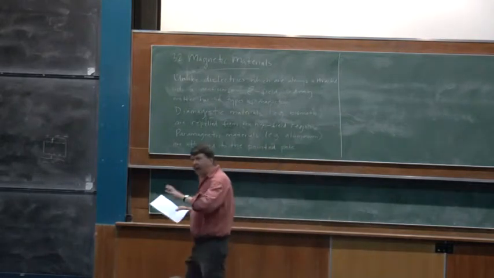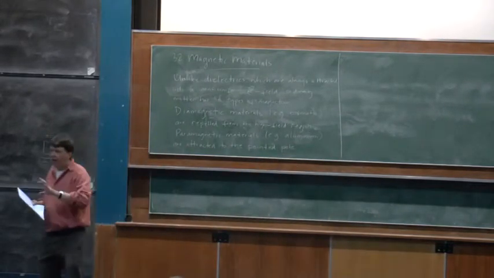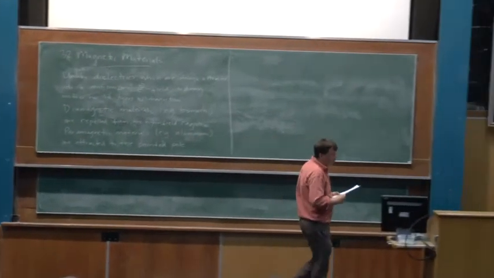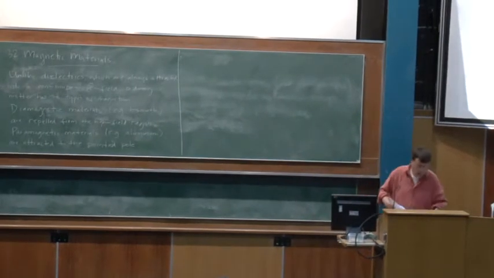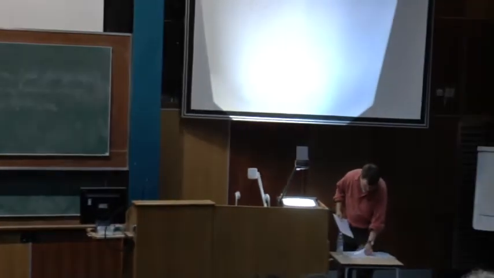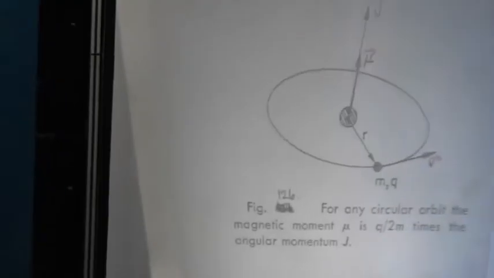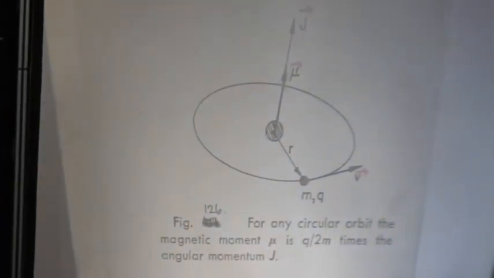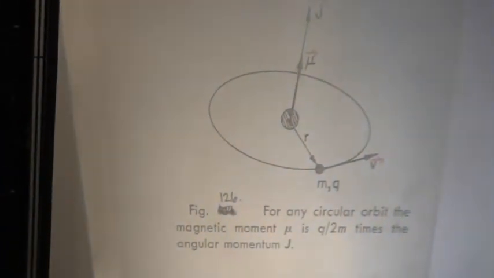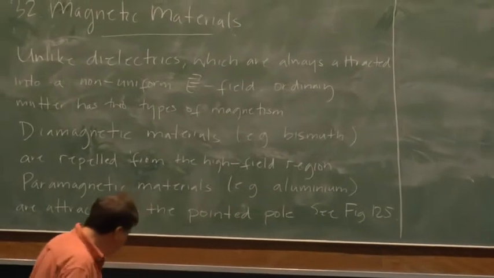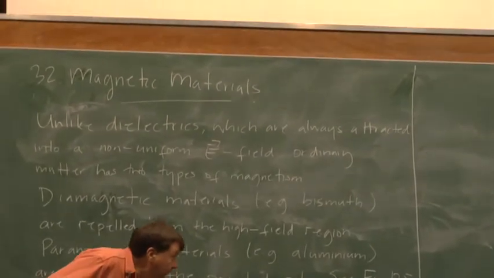But the classical analogy takes us a certain distance, and that's what I'm going to do next, the classical analogy of magnetism. And it's an incredibly simple model, and that's illustrated in figure 126. So this one refers to the previous figure, 125. That's just the raw phenomenon, if you like.